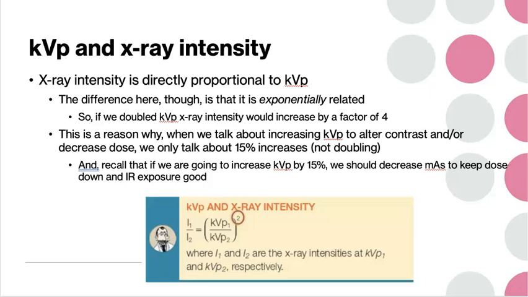So this is why when we talk about increasing kVp to alter contrast or dose, we only talk about 15% increases, definitely not doubling, because small increases have an exponential effect. And recall, if we're just trying to mess maybe a little bit with contrast or dose, then a best practice is to increase kVp by 15%, and at the same time, we decrease our mass to keep that dose down.